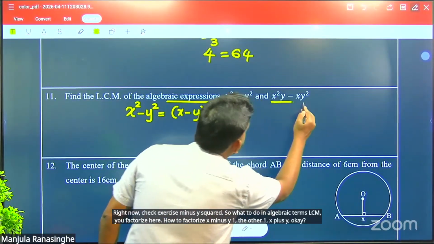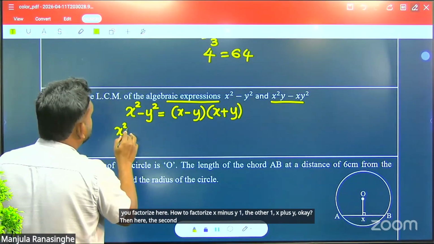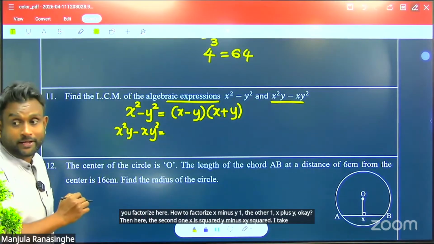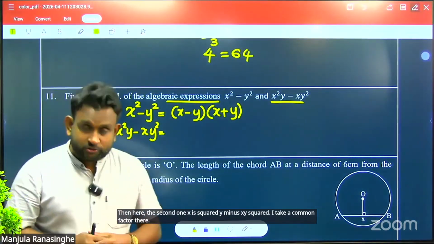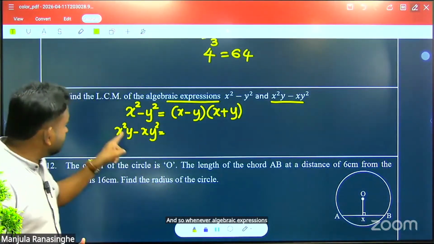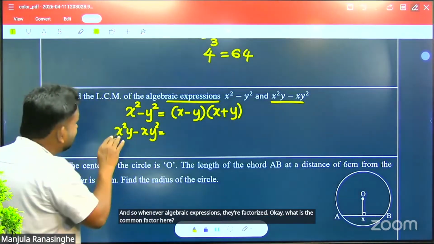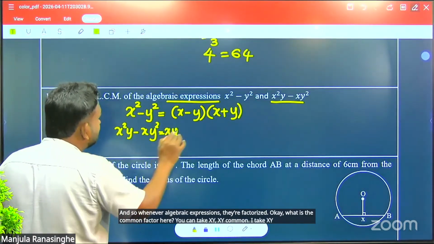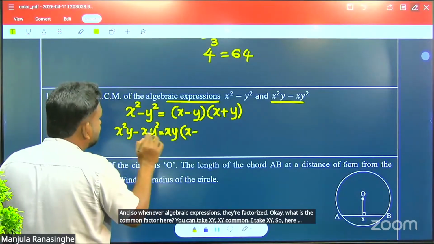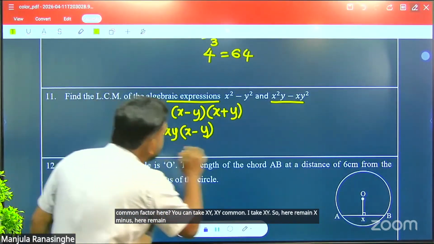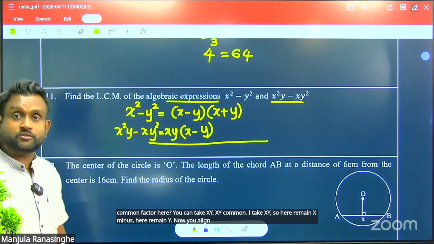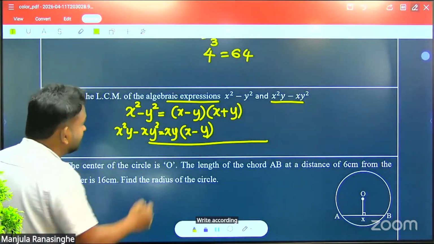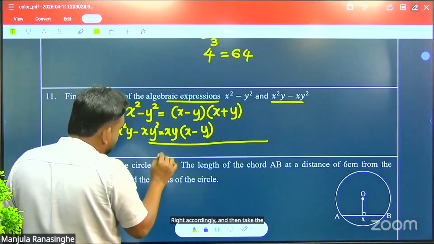Then the second one, x squared y minus xy squared, I take a common factor there. Whenever algebraic expressions, they are factorized. What's the common factor here? You can take xy common. I take xy, so here remains x minus, here remains y. Now you align the similar terms accordingly. Here you have x, so you need to take x.